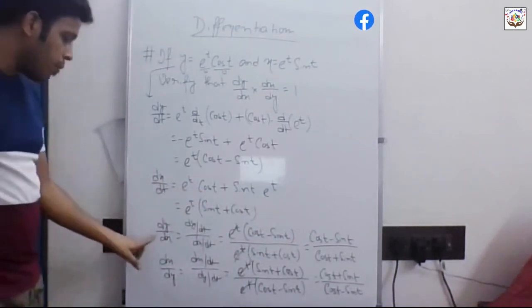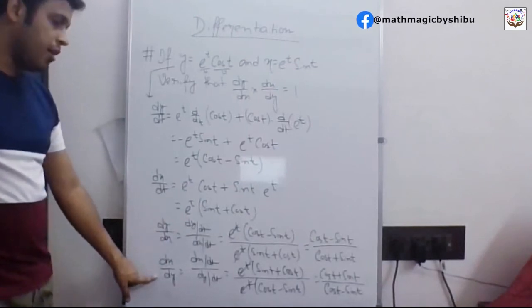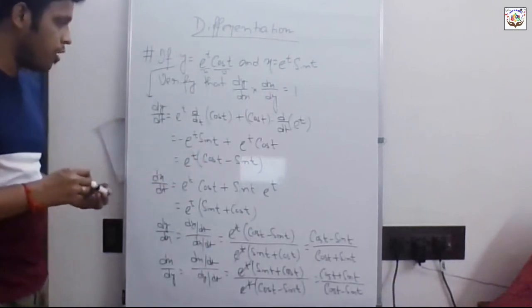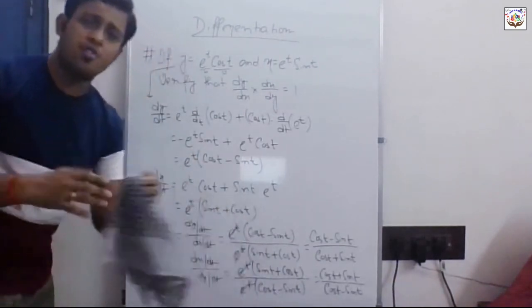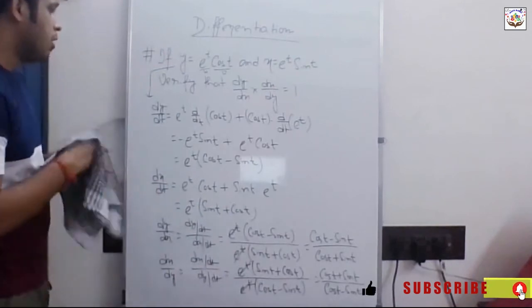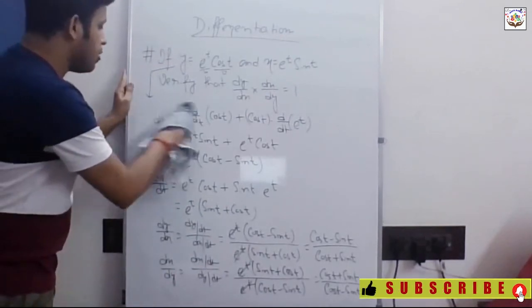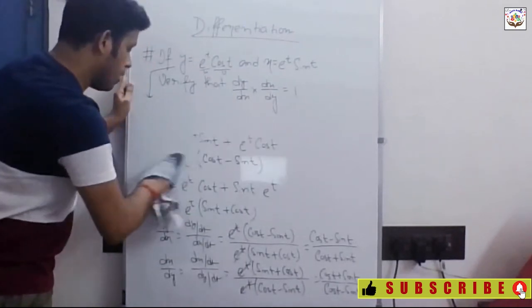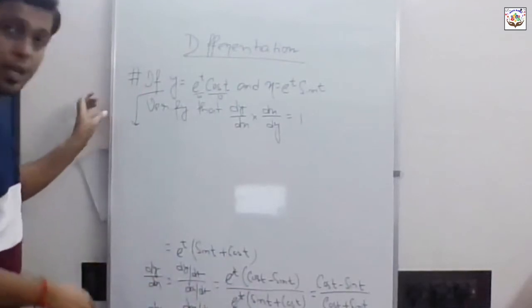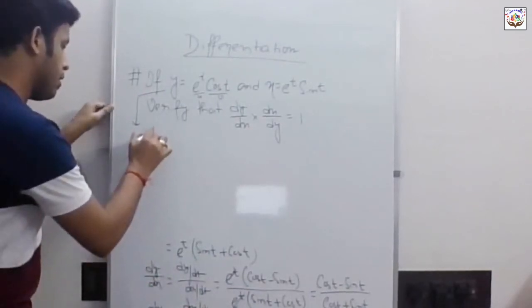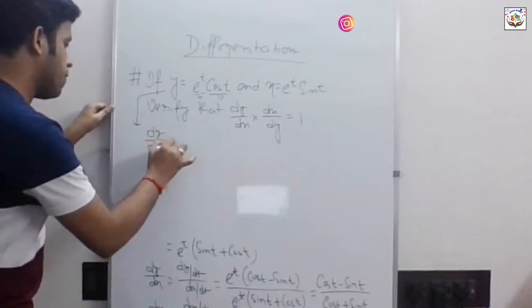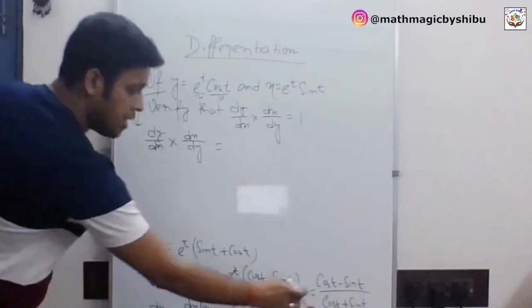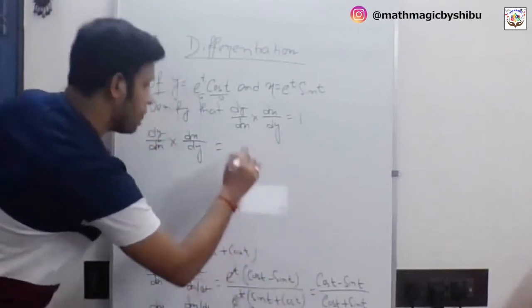Okay, now if we multiply dy/dx into dx/dy, so I am just clearing the first part of the problem. I hope you have taken the note, or you can pause the video later to understand also, right? So if we just cancel out this part to solve the rest of the problem, to get our desired solution. So what can we write now? We can write dy/dx into dx/dy equals just this into this one.